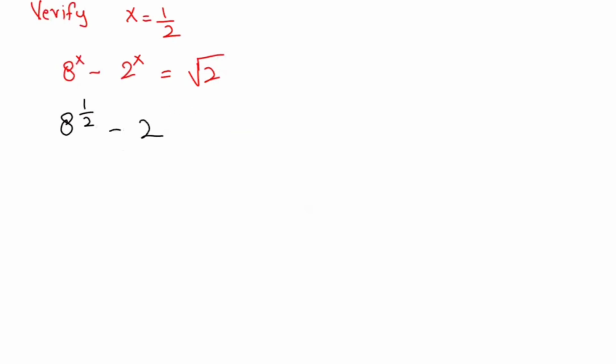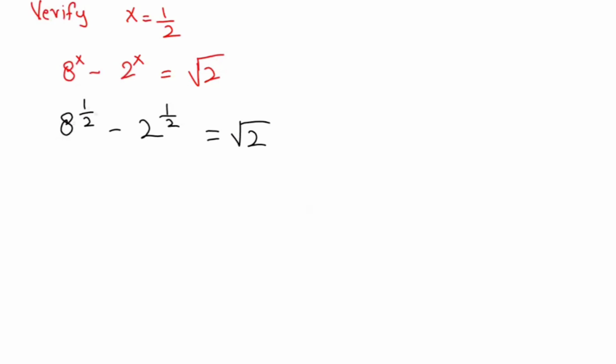Now it's time to verify my answer. Our x value that we found is 1 over 2, and our expression is 8 to the power of x minus 2 to the power of x is equal to root 2. As I plug in this x value, 8 to the power of 1 over 2 minus 2 to the power of 1 over 2 is equal to root 2.